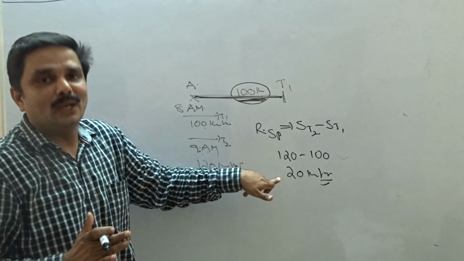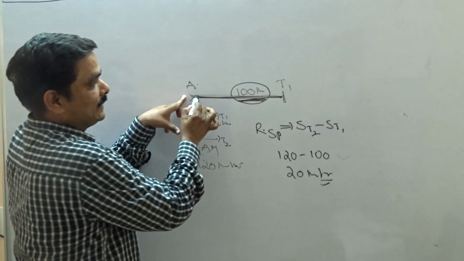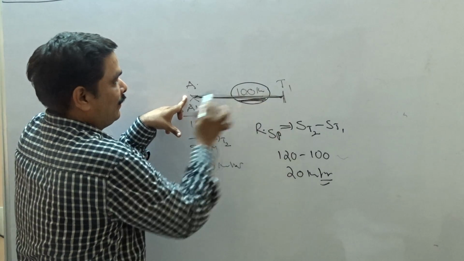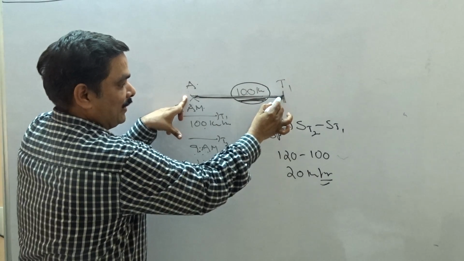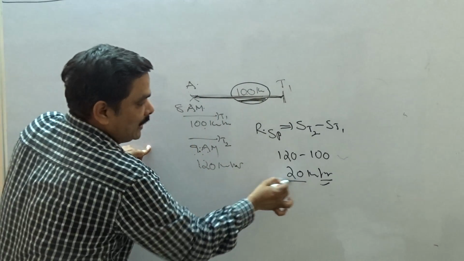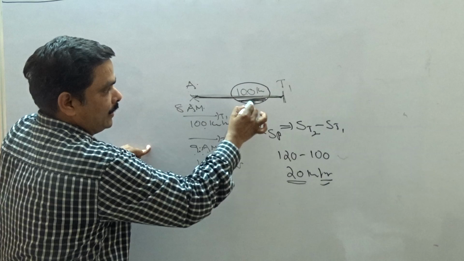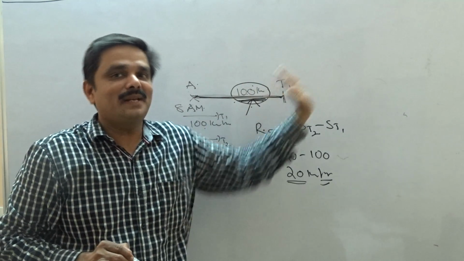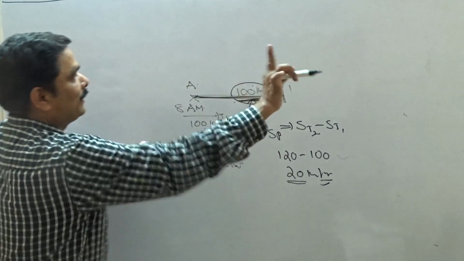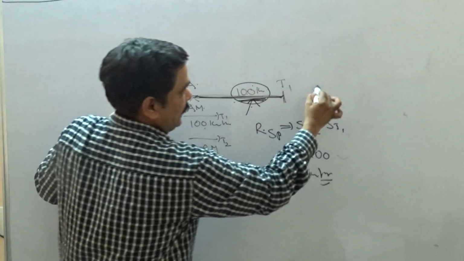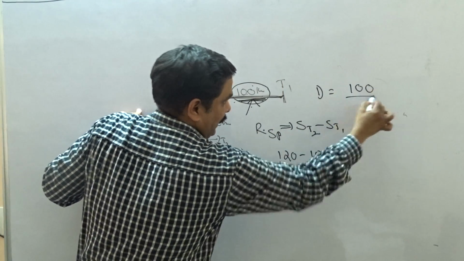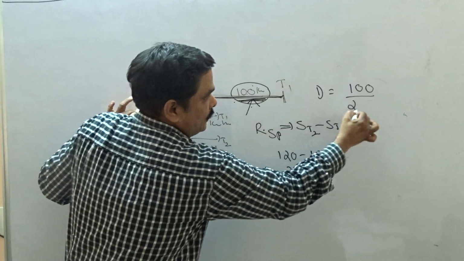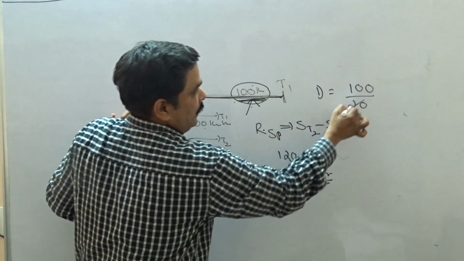Now the lead distance is 100 kilometers, and every hour 20 kilometers are going to be reduced from this 100, because both trains are moving, the first train is also moving. What happens here? The lead distance is 100 and the relative speed is 20.